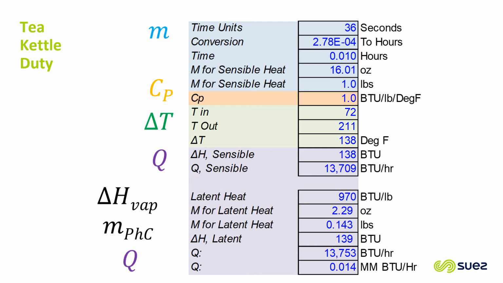So M as a flow rate over 36 seconds for 1 pound, which we saw is the amount of water that I put in, the amount of hours. Heat capacity, again, is easy for water. That is 1 BTU per pound per degree Fahrenheit.